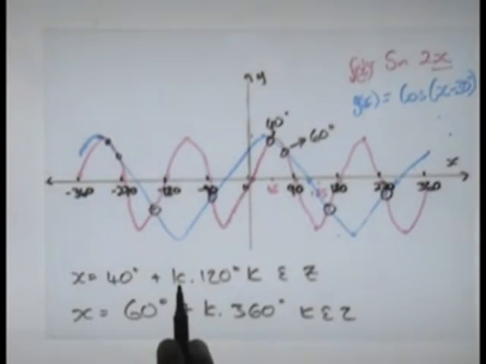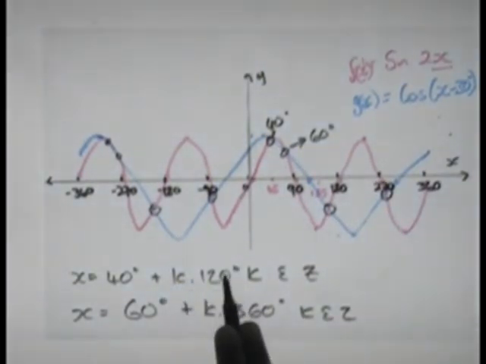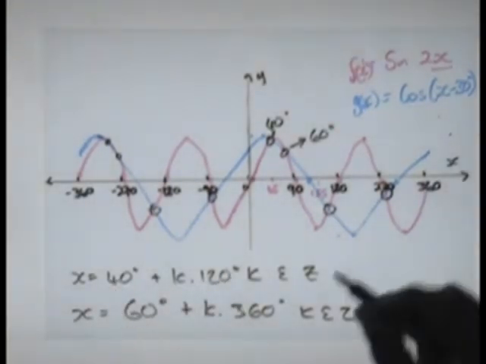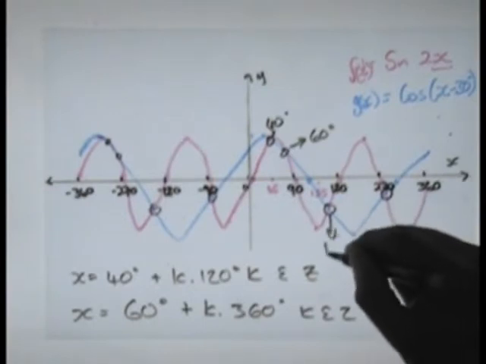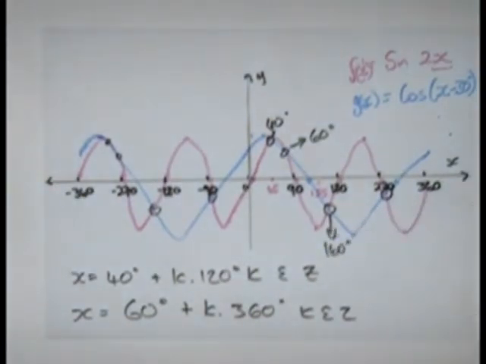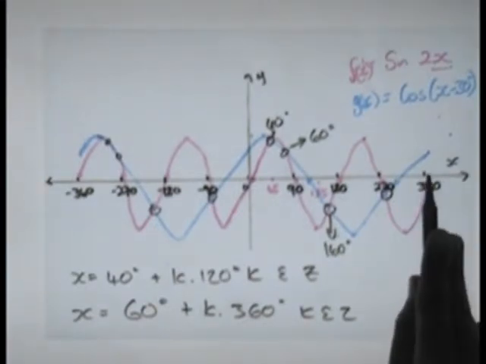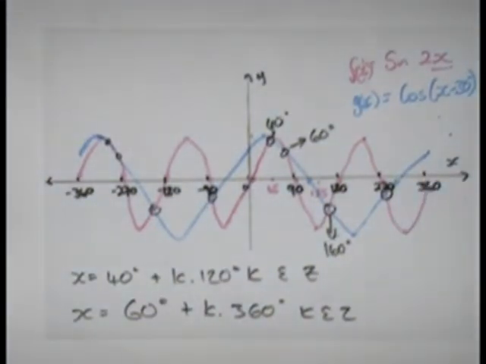When k is equal to 1, this is going to be 1 times 120 degrees, which is 120, plus 40, which is 160. When k here is equal to 1, that's going to be 360 degrees plus 60 degrees, which is beyond 360 degrees, so we are not looking for that solution.